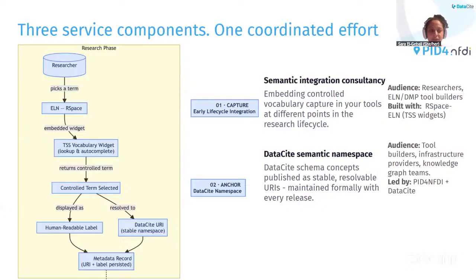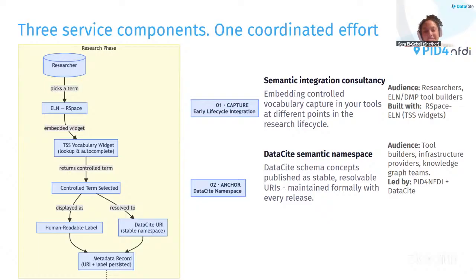This is very important because that's essentially what the machines can go to, read and translate. So the researcher chooses a term, and the term is stored alongside its machine-readable and actionable information.